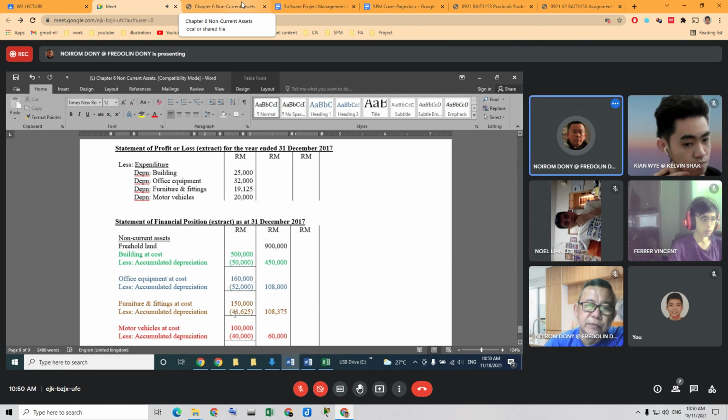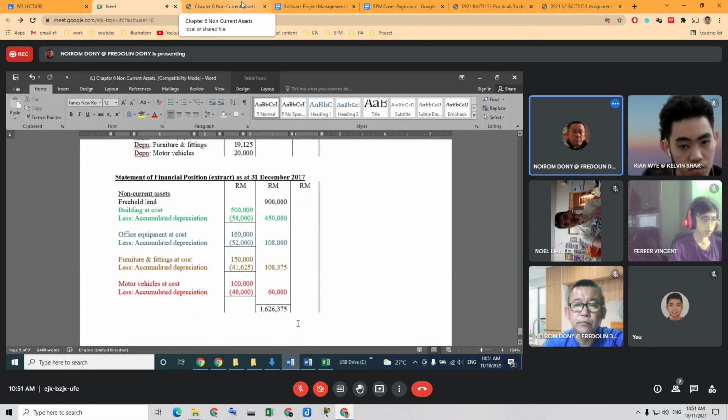Furniture and fitting minus 41,625. Motor vehicle minus 40,000. The net book value you then put on the second column. For freehold land, because there's no accumulated depreciation, we just put the net book value into the second column. We add all this together, then put the amount on the third column.